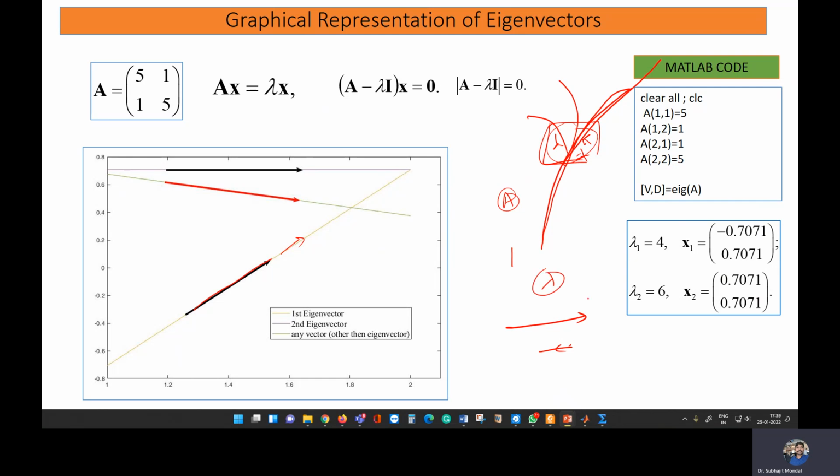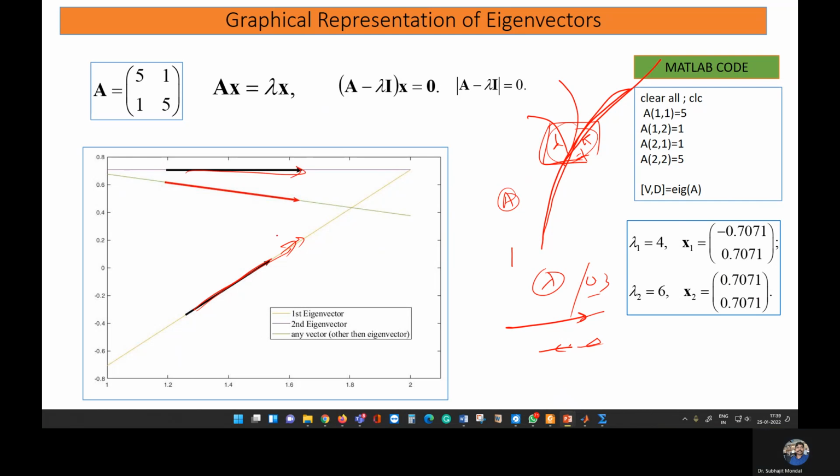If the value of lambda is very low, or if it comes as a fraction, then the value will be lower than the original one. So it can expand or it can contract, but it will not change the direction. That is basically an eigenvector, and we can represent the eigenvector graphically in this way.